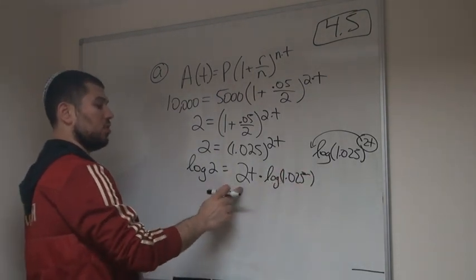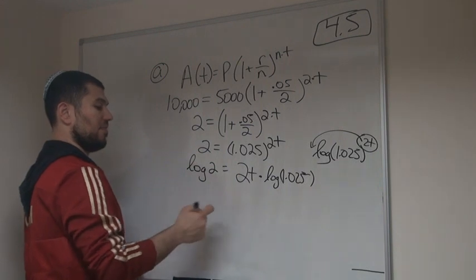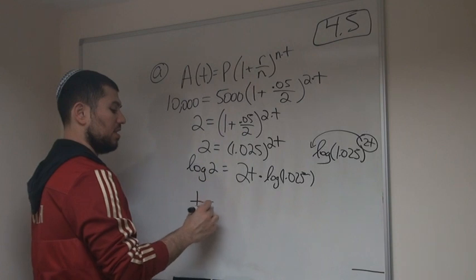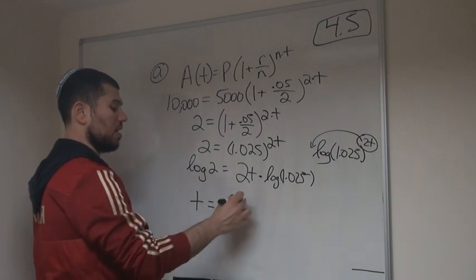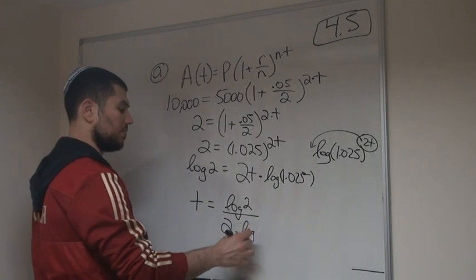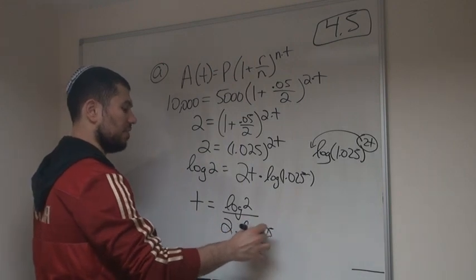Divide both sides by 2 log of 1.025, because I have a 2 here and a log 1.025. t is equal to the log of 2 divided by 2 times the log of 1.025.